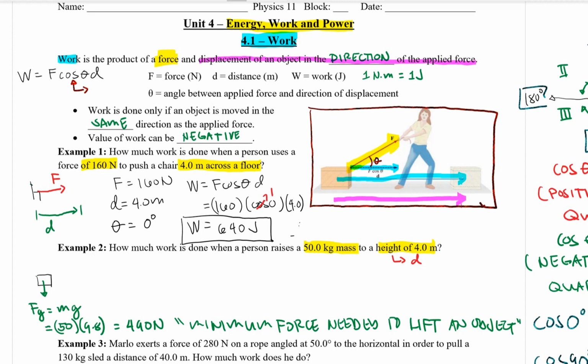Therefore the applied force, which should be upward because I want to lift it, must be equal to 490 newtons. If you're asking, can I apply more than that? Yes, of course you can. But in this particular case, we just take the minimum force needed to lift the object.